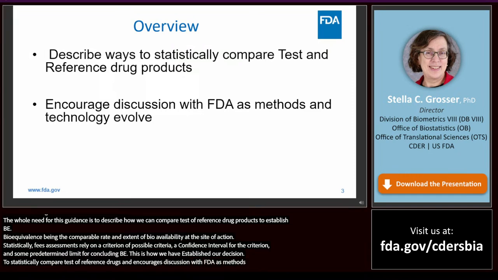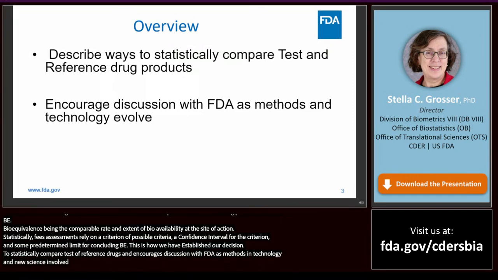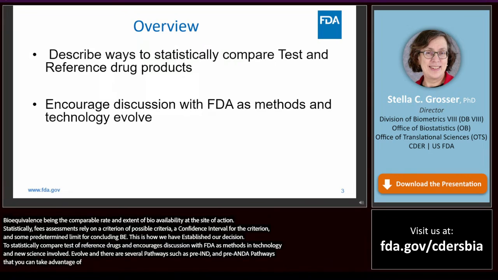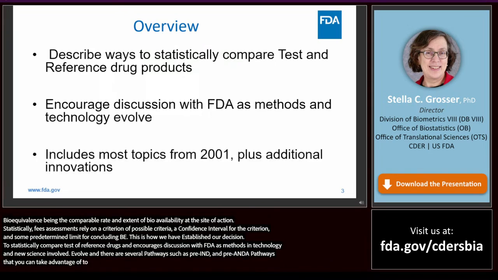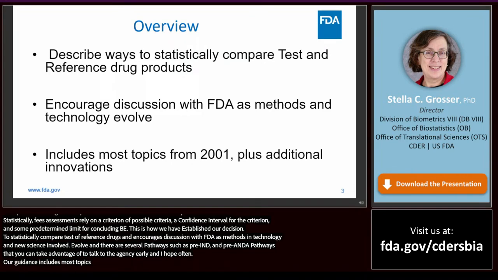There are several pathways such as controlled correspondence with the pre-ANDA, pre-IND, or pre-NDA process pathways that you can take advantage of to talk to the agency early and I hope often. Our guidance includes most topics from the 2001 guidance, plus some additional innovative approaches or innovative technologies that pose new statistical challenges.